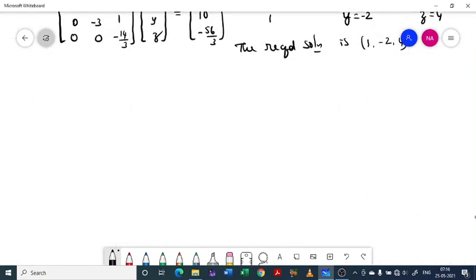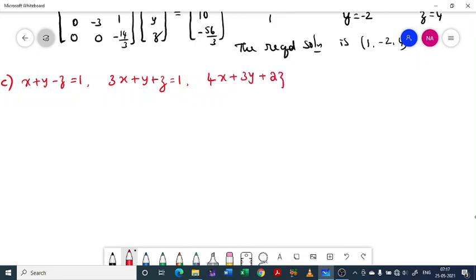Next, problem C. So here the given system of equations is x plus y minus z equal to 1, 3x plus y plus z equal to 1, 4x plus 3y plus 2z equal to minus 1. Right?